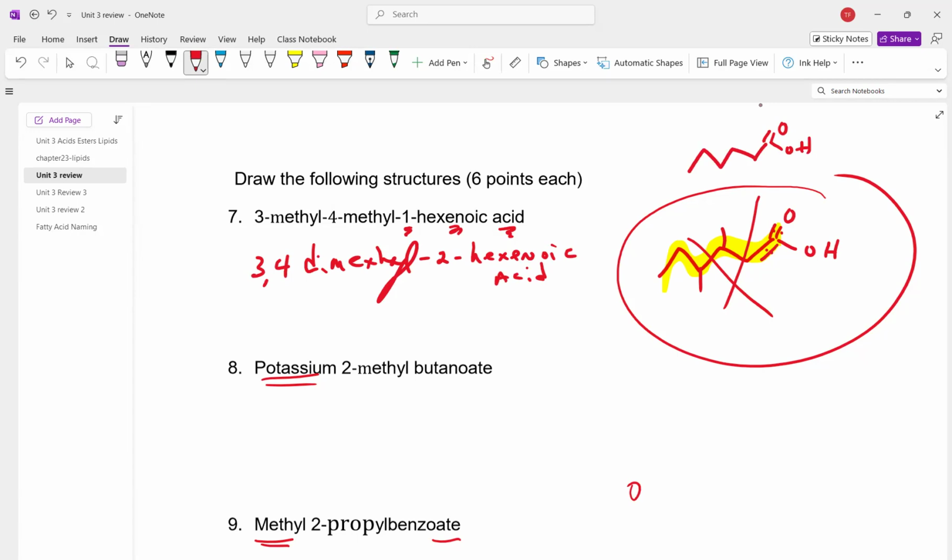And the double bond is at position number 2, right here. And we have positions 3 and 4. Let's redraw this here.